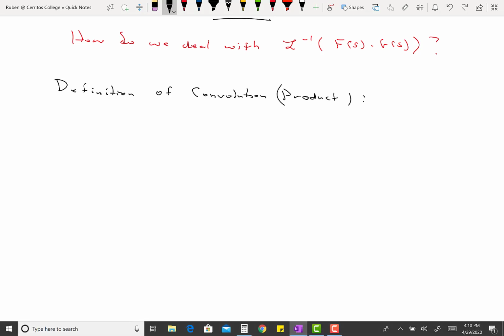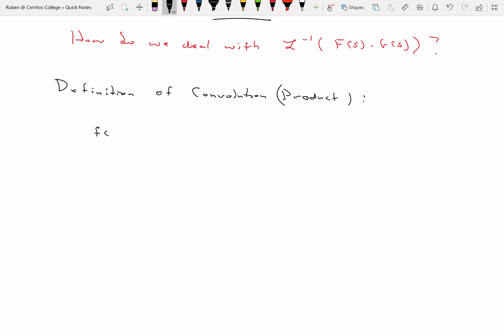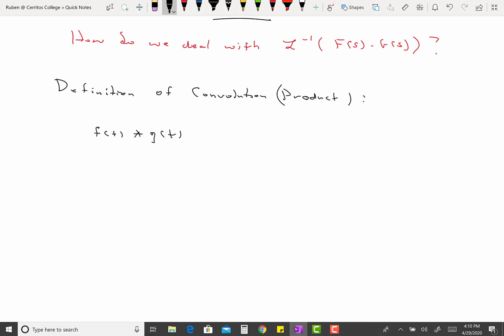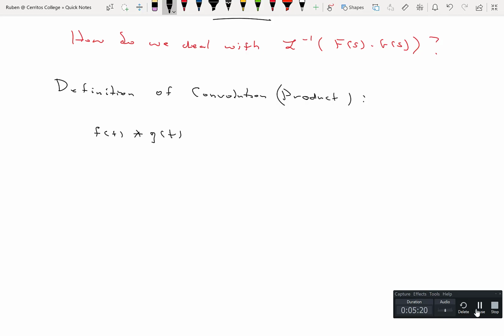The definition of the convolution product is this. If we have two functions of t, F of t star G of t is the integral, and we have to be real careful with the symbols here, because a couple of symbols look similar.